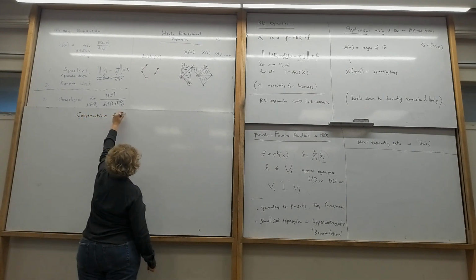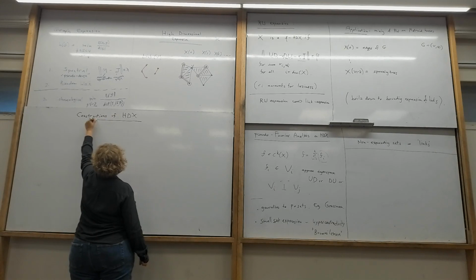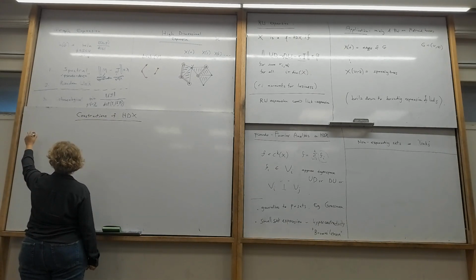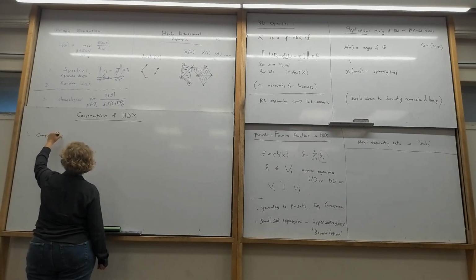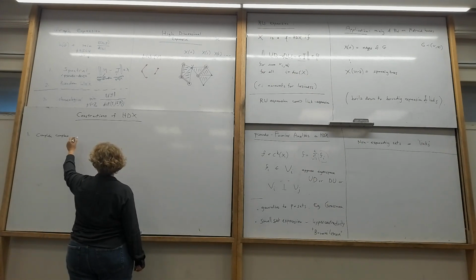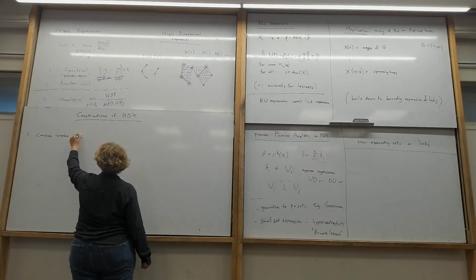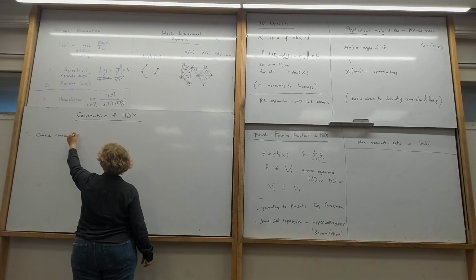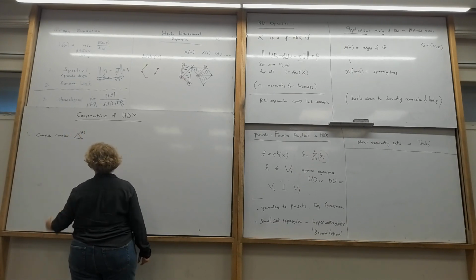Okay. So I guess the first construction one should think about is the complete complex. Let me call it X. I don't remember the notation, but let's do it like this.